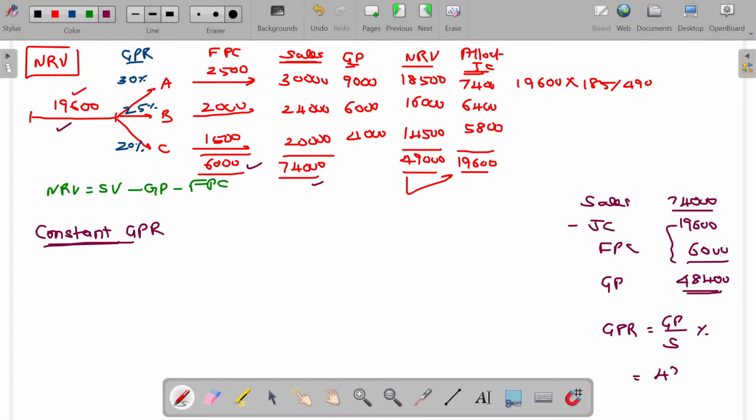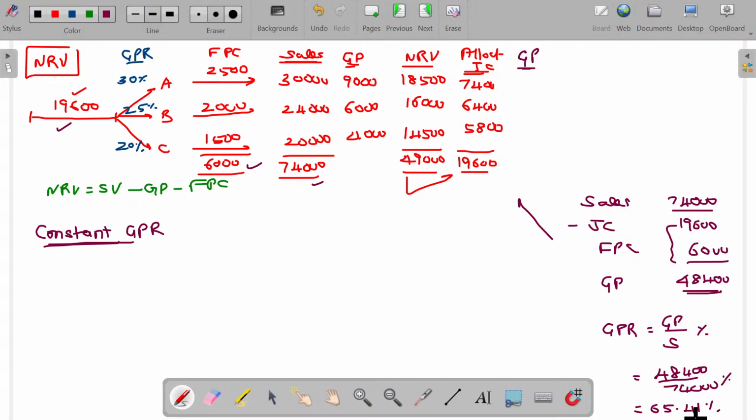So here GP being 48,400 and sales being 74,000, 65.41%. Is that okay? So earlier we had different GP, but here we calculated the GPR. Get me the GP using this GPR method.